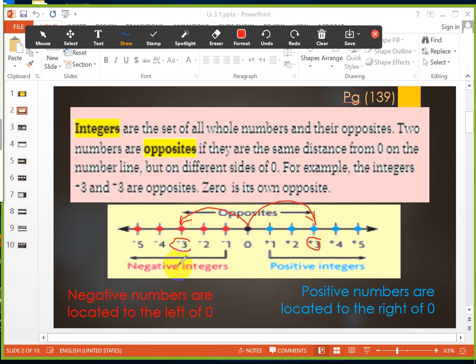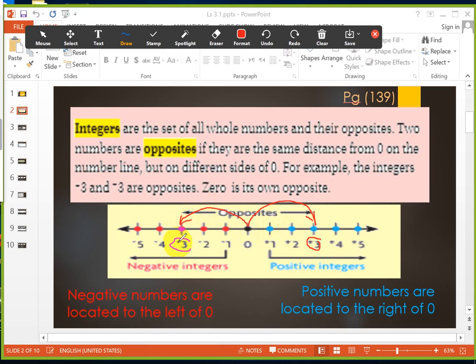They have the same distance, but the first one is on the right, the second one on the left. So the number on the right has a plus sign. That means this is a positive 3.